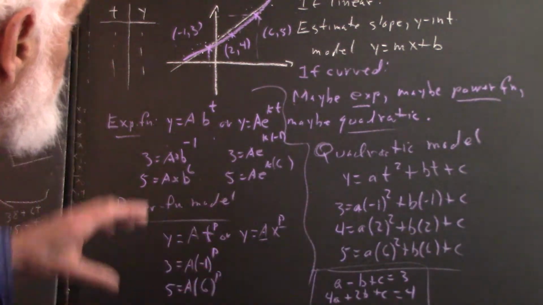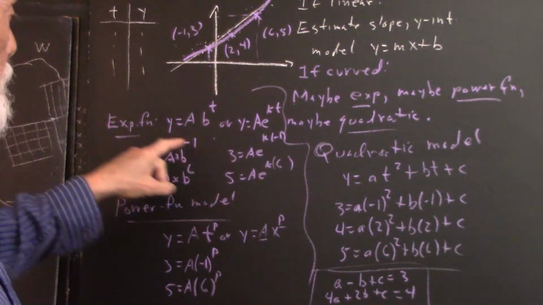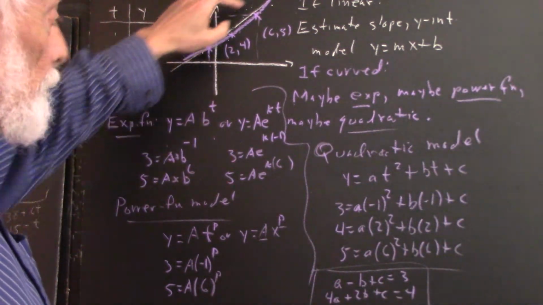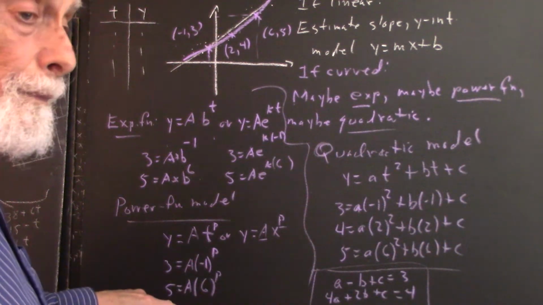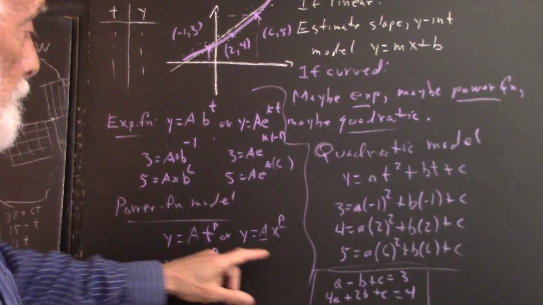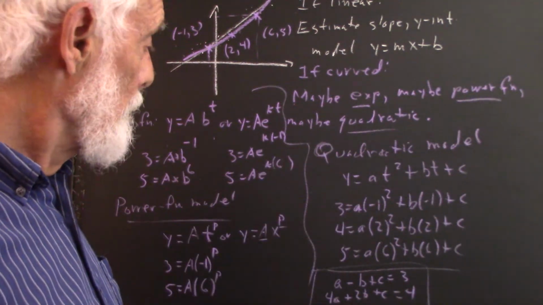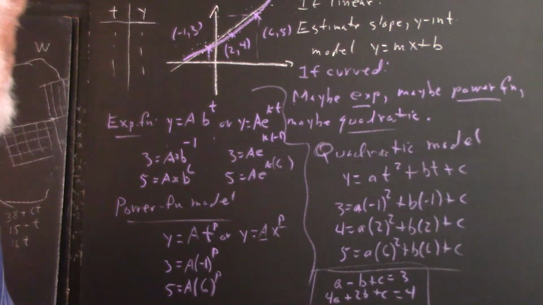The point is, if we've got a curve, if we want to fit an exponential model, we use this form or this form. We take the coordinates of 2 points, we plug them in. Power function, same thing except this form or this form. Quadratic function, this form. We get, in any case, a set of simultaneous equations.